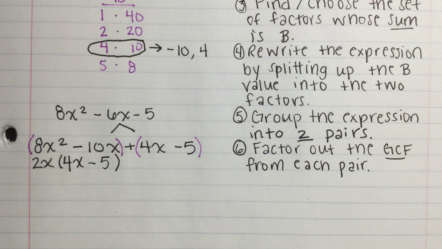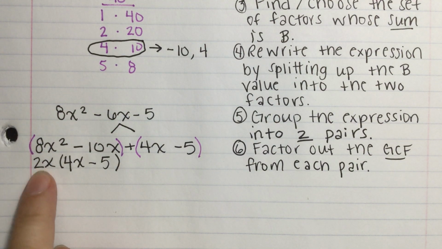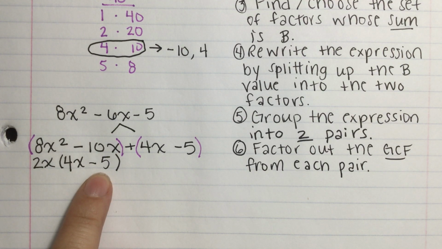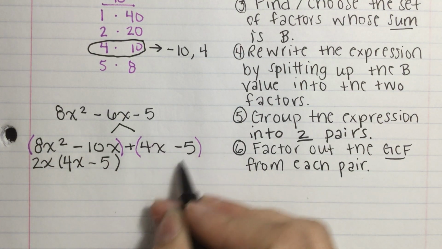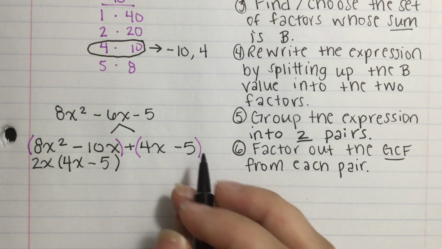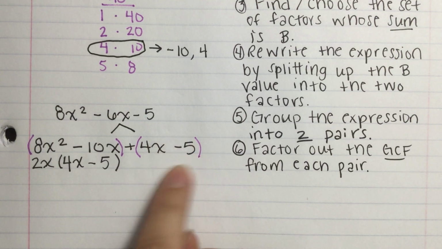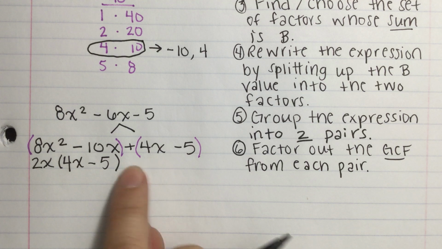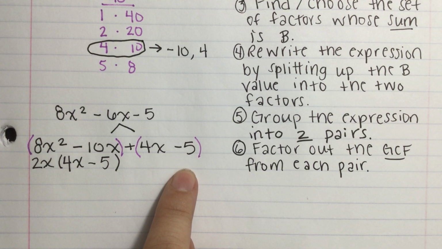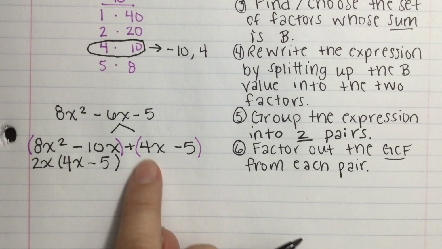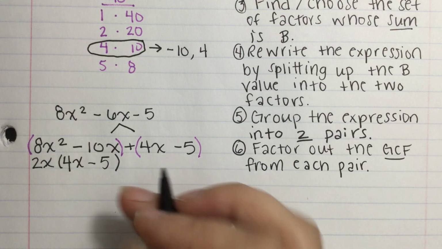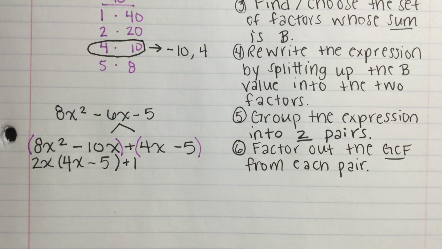Okay, so all I did was divide out my GCF. 2x was what they both had in common, and 4x minus 5 is what you have left over after you divide it out. I'm going to do the same thing with this expression. Now, I actually don't see anything that both of these have in common, but technically, if we were to write out all my factor pairs, every single set of expressions has a number in common. 1.